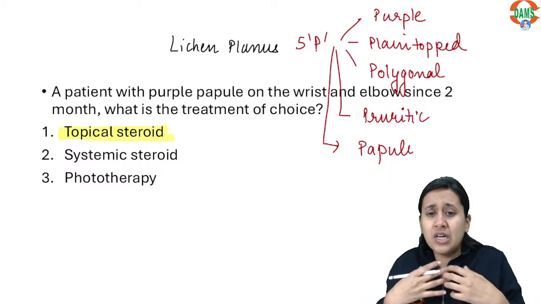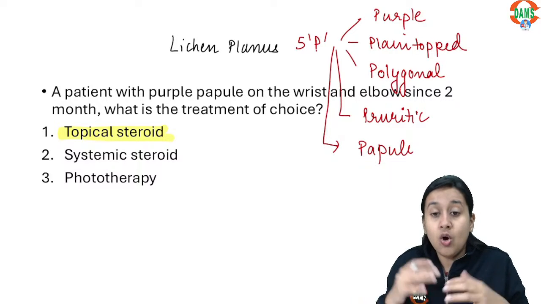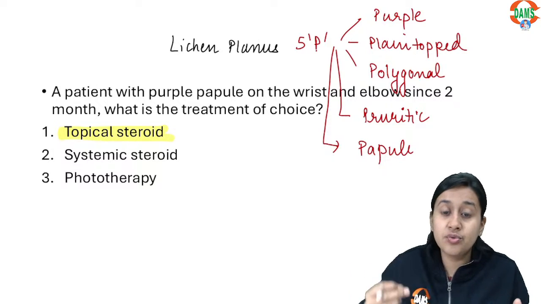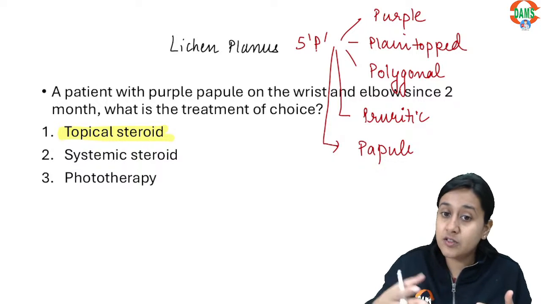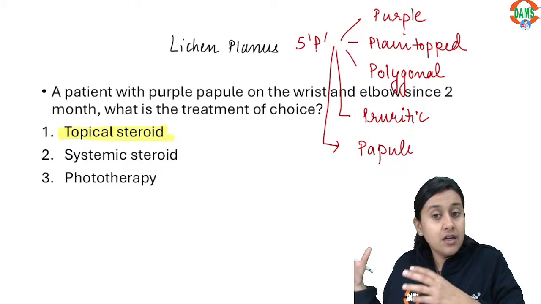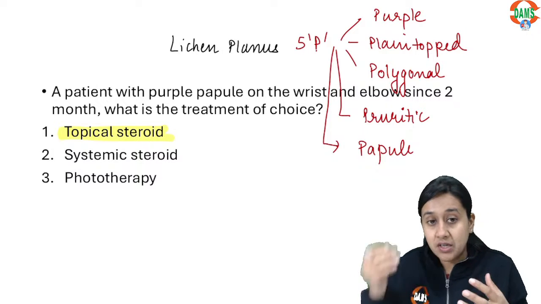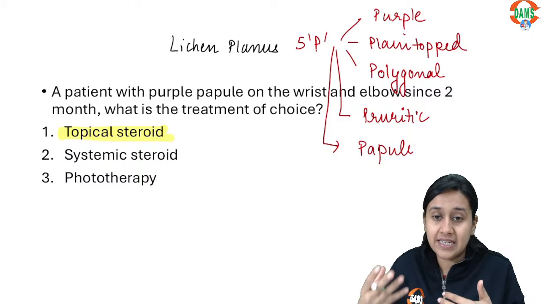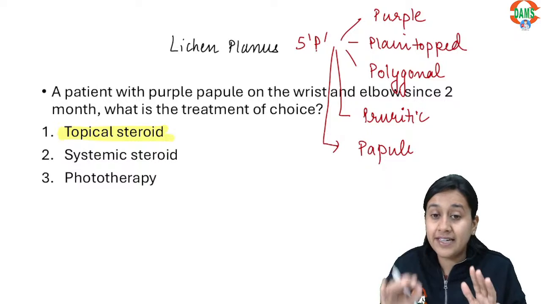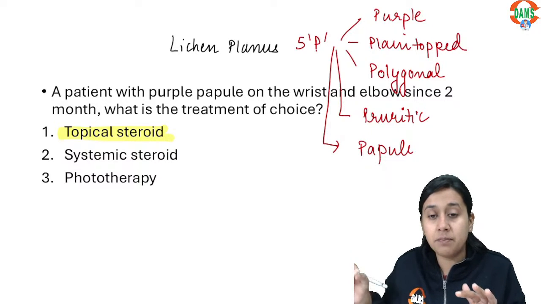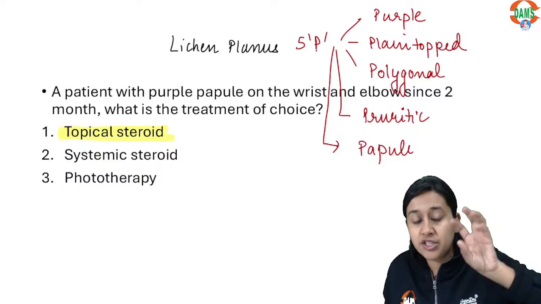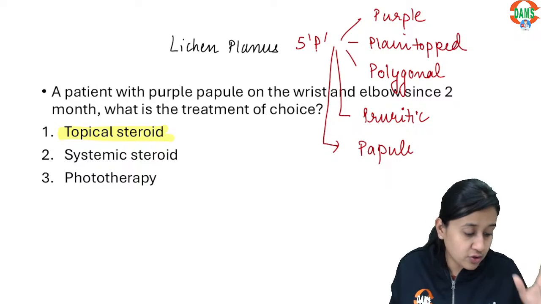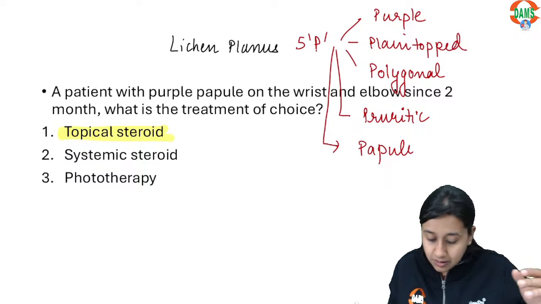Only when we are not able to control the lichen planus with topical steroids, or when the lichen planus is extensive, eruptive type, then we choose systemic drugs, either systemic steroids or other immunosuppressive drugs like methotrexate, azathioprine, etc. But that is only for widespread lichen planus or erosive eruptive lichen planus. For small sized, limited area lesions, we only give topical corticosteroid. So for this question, the correct answer is option number 1.